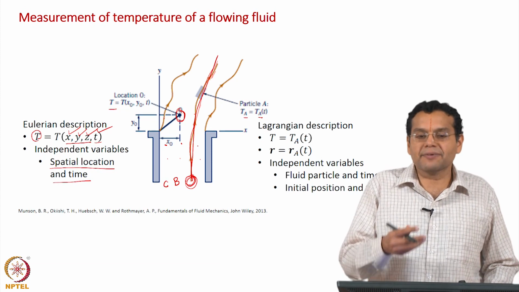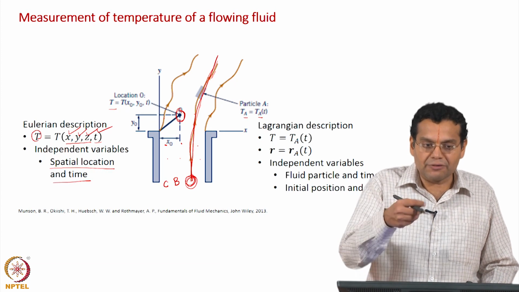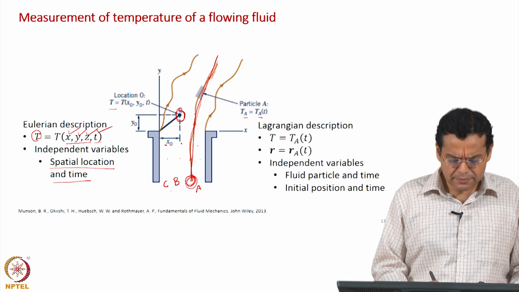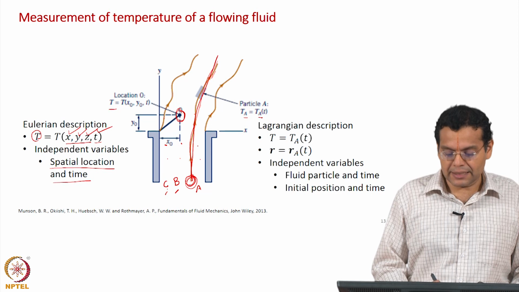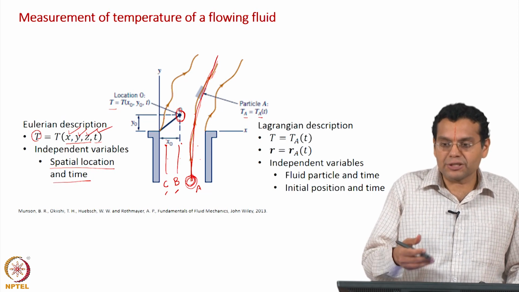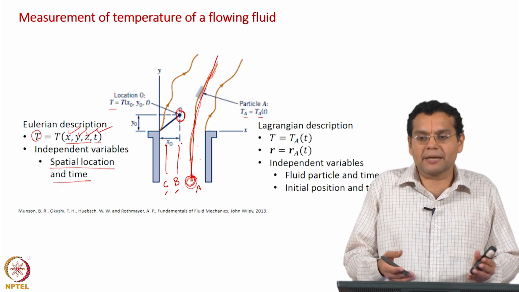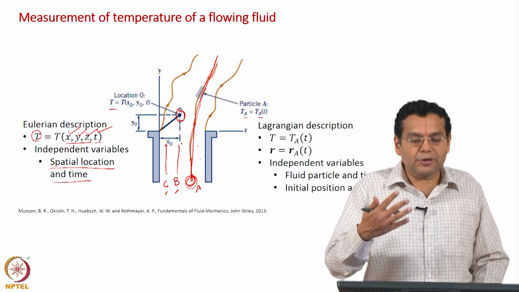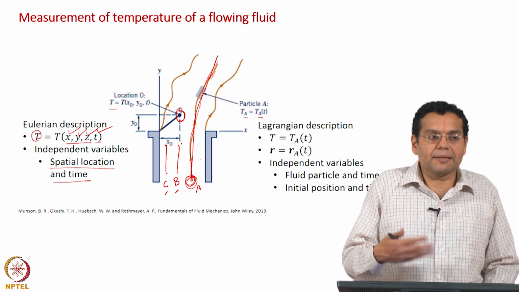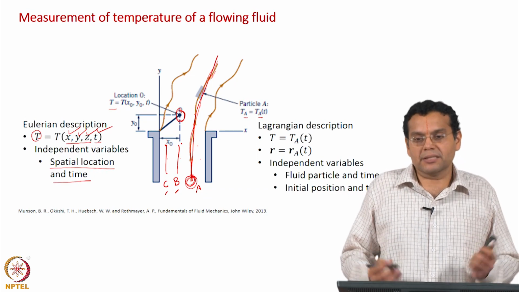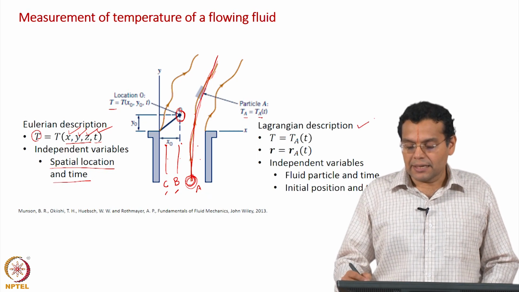Remember, in the earlier case we had different particles dyed with different colors. Similarly, here you have particle A, particle B, particle C. Now, if you track all these particles as a function of time, then you will be able to describe the temperature in this region. So, in the second case you track different fluid particles and they sense the temperature as they travel along the path, and you will be able to describe the temperature in this particular region. That is the Lagrangian description.